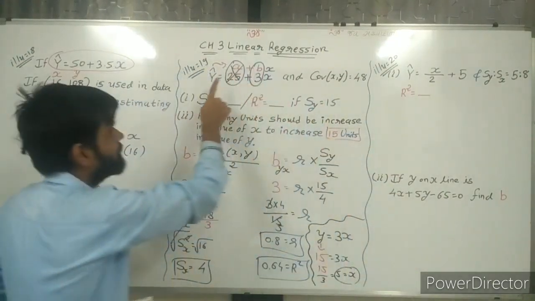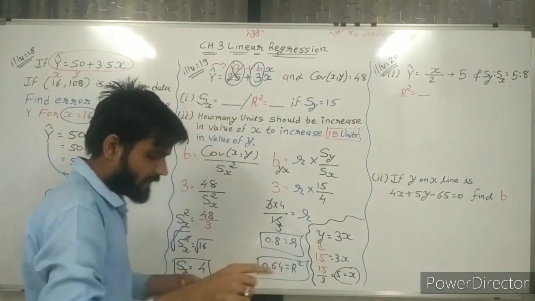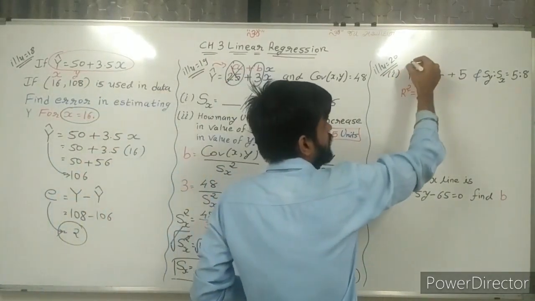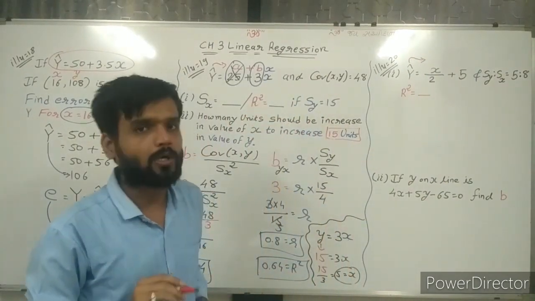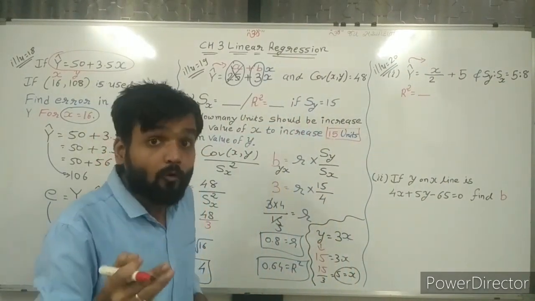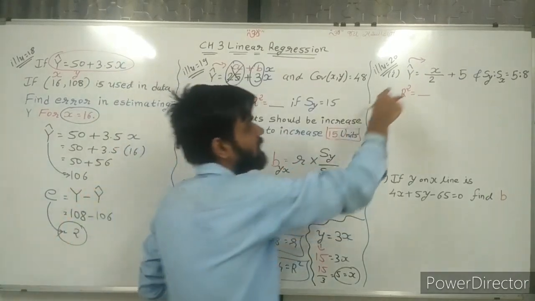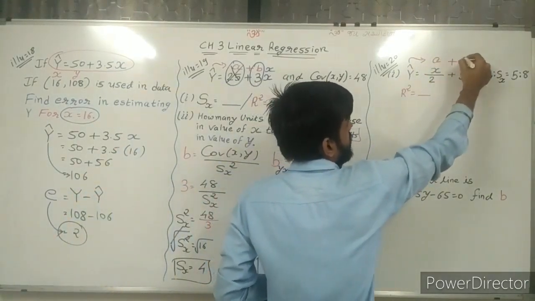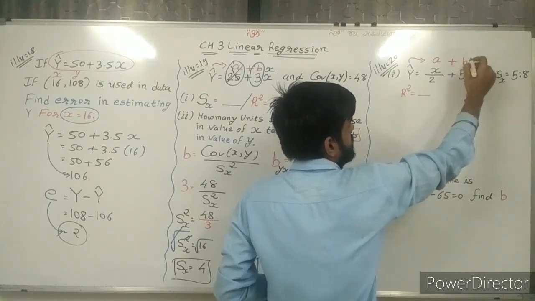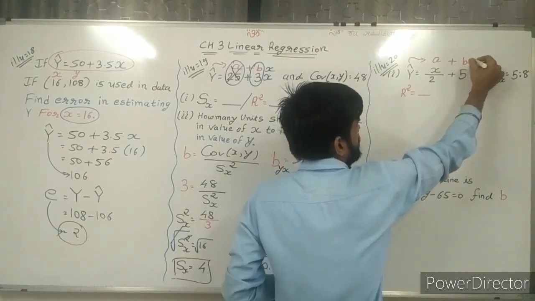So again, the same way, I am writing here the formula of y cap. Now what is the formula of y cap? Sir, y cap is equal to a plus bx.